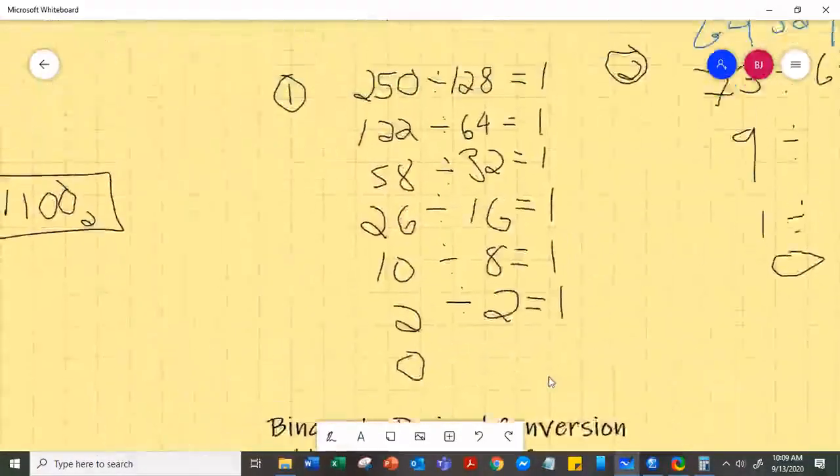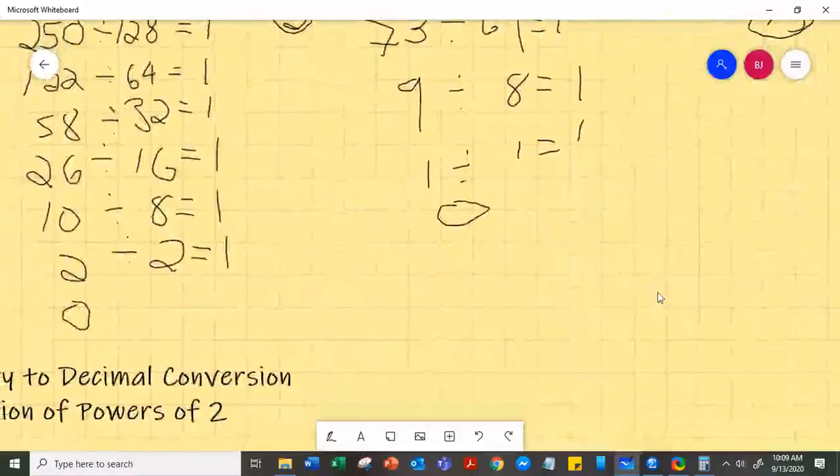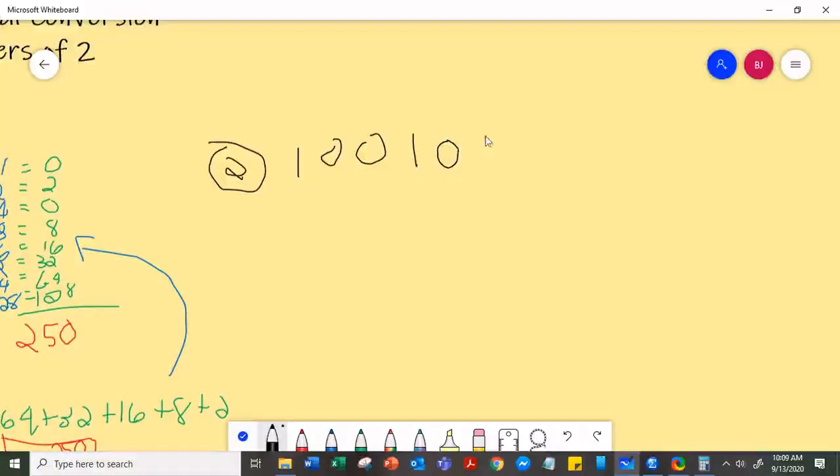And number 2 is 1001001. Powers of 2 at the top. 1, 2, 4, 8, 16, 32, finally 64.